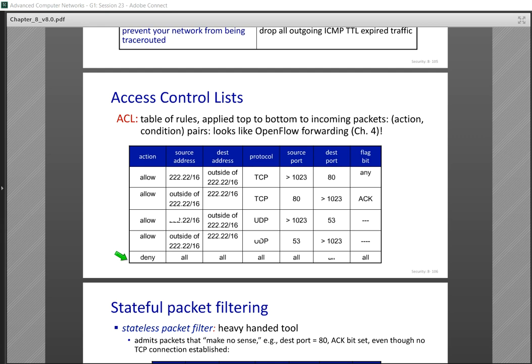But in the last row, we say that, okay, the rest of those traffics, the traffics that I don't know who they are. Okay, I don't know who are those traffics.